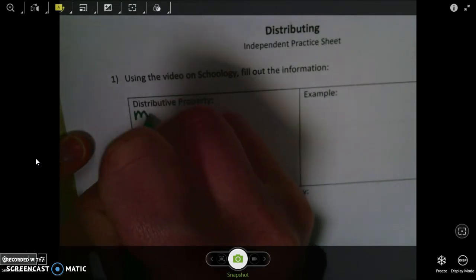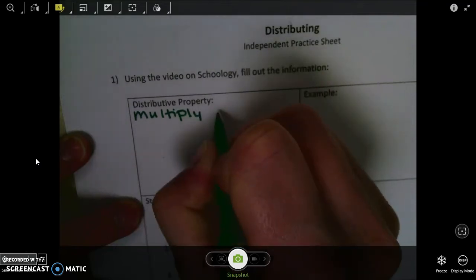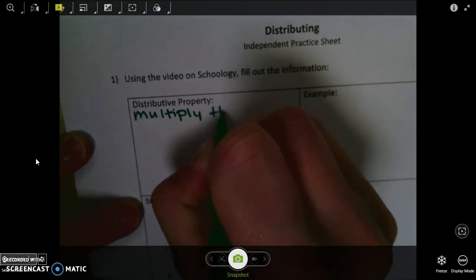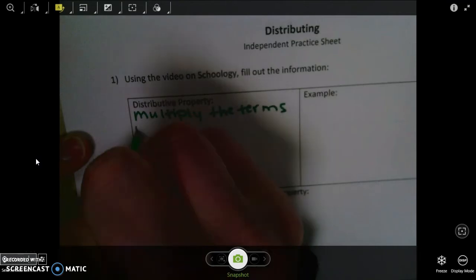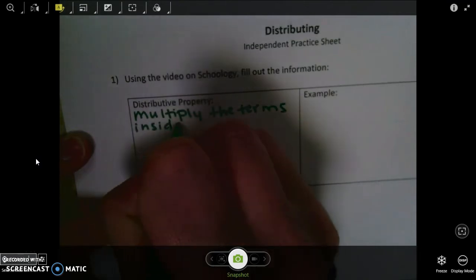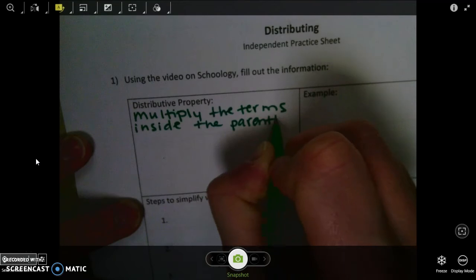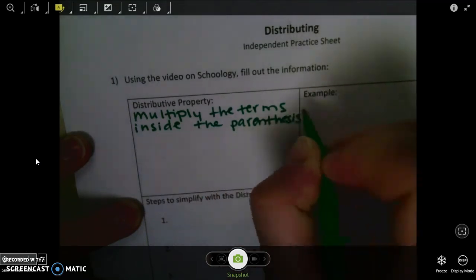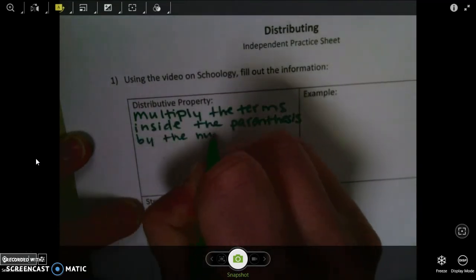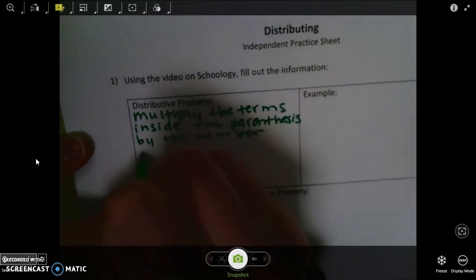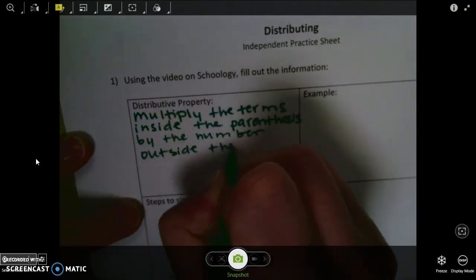What you do is you multiply the terms inside the parentheses by the number outside the parentheses.